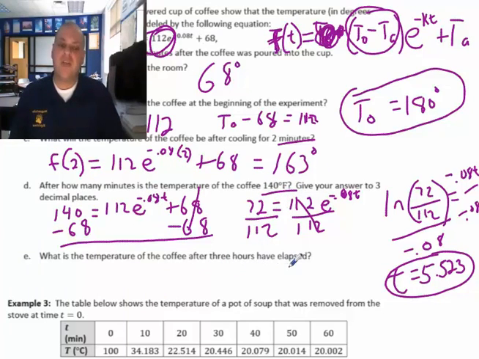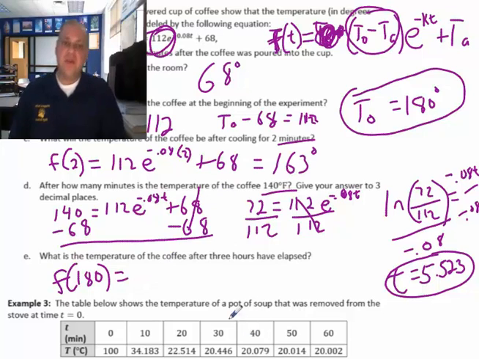What is the temperature of the coffee after 3 hours have elapsed? 3 hours, guys, is 180 minutes. So now we do f of 180. You could almost do this with common sense. You're talking about a cup of coffee sitting at room temperature for 3 hours, and the room temperature is 68.